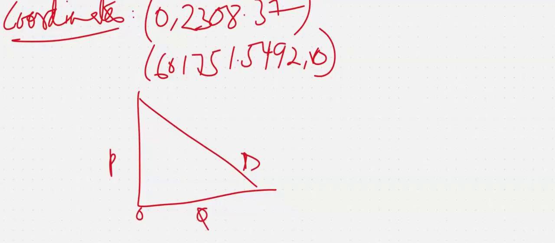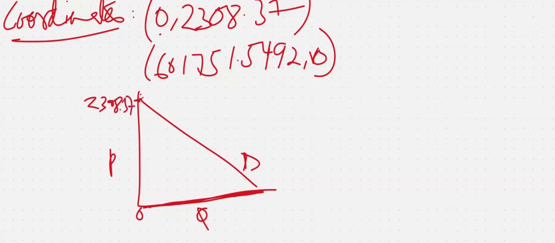The first coordinate is Q, which is on the vertical axis. Q is 0 and price is 2308.37.